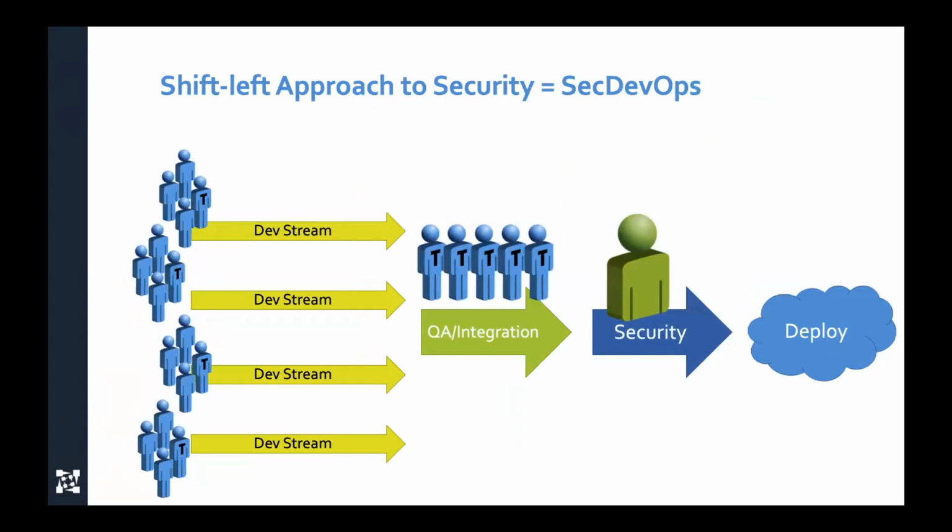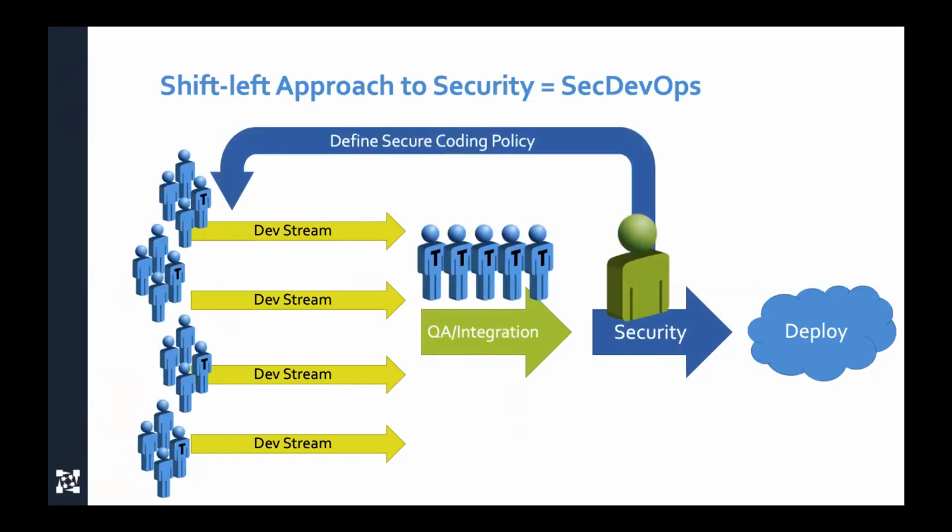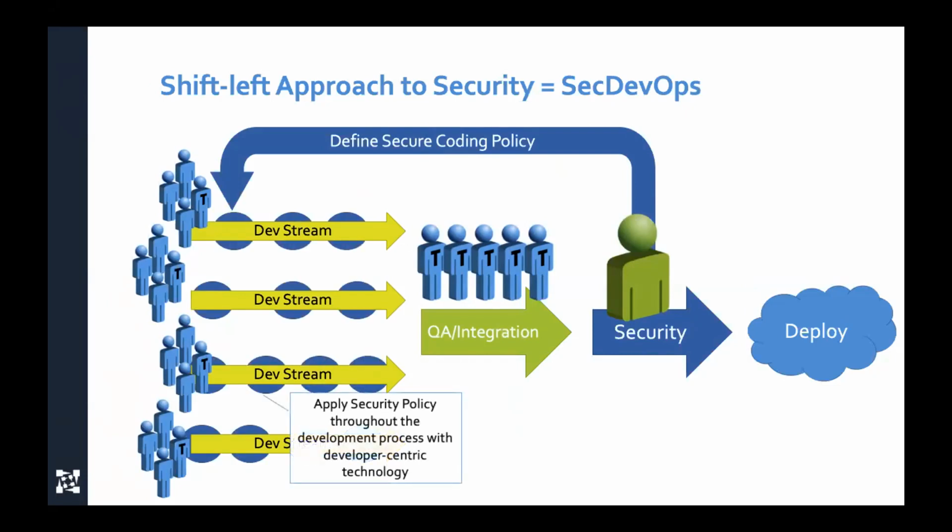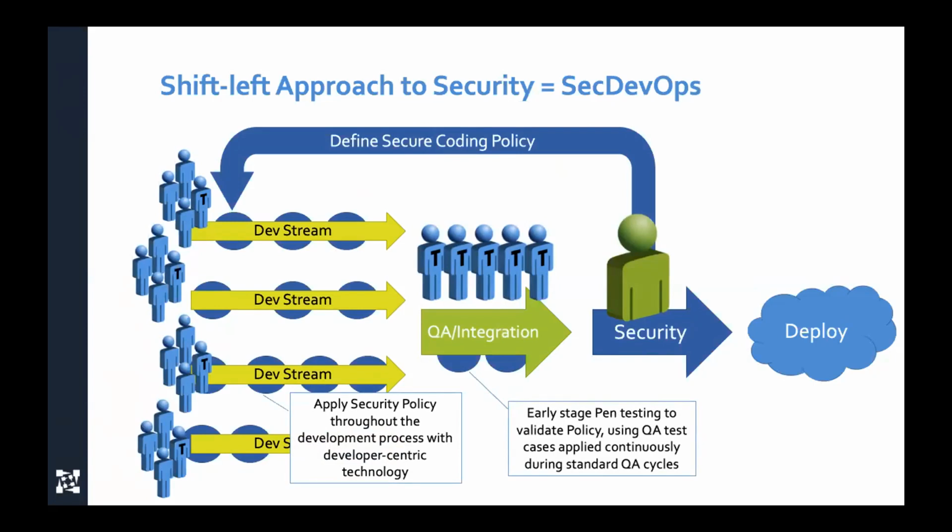So rather than spreading that team thinly across the organization, let's use them as the experts that they are, as advisors to the development team, and define a secure coding or secure development policy up front, defining a set of standards or practices that the teams can apply as part of their ongoing process. That gives you the ability to not just put security into the code from the beginning, but also gives us a framework where we can start to validate that security policy as part of my integration and QA process.